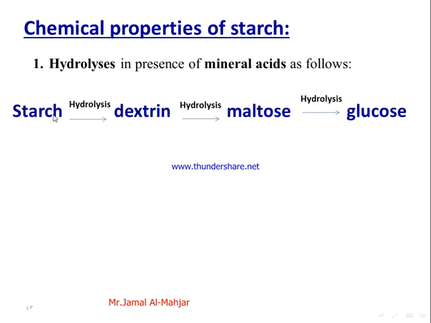Hydrolysis of starch gives us dextrin, and this dextrin hydrolyzes into maltose, and maltose into glucose. If you write it the opposite way, this is the formation: glucose and glucose give us maltose, then the opposite up to starch. But in the hydrolysis of starch, the last unit is glucose. This is a very important point.